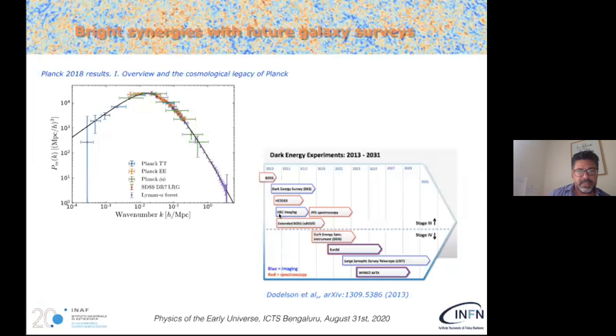We will have an increased lever arm to smaller scales, which will lead to tighter constraints for ns and its running. But here, instead, I would like to give a snapshot of the complementarity between CMB and future galaxy surveys for non-standard deviations of the primordial power spectrum from a power law, as in the case of features.